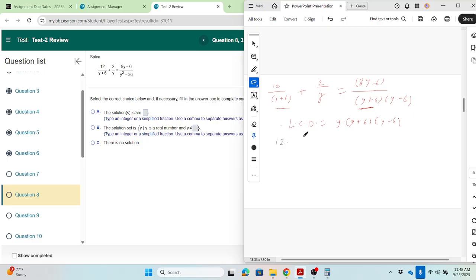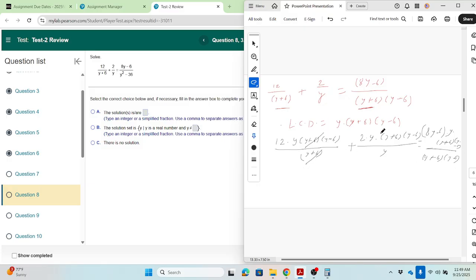So 12 times the LCD, which is y plus 6 times y minus 6, divided by y plus 6, plus 2 times y plus 6 times y minus 6, divided by y, equals 8y minus 6 times y times y plus 6 times y minus 6, divided by y plus 6 times y minus 6. Now do the simplification.